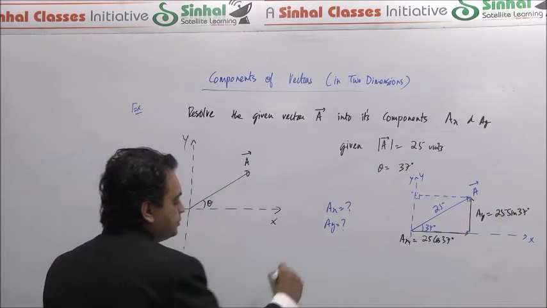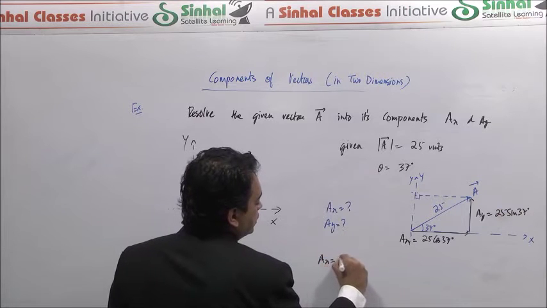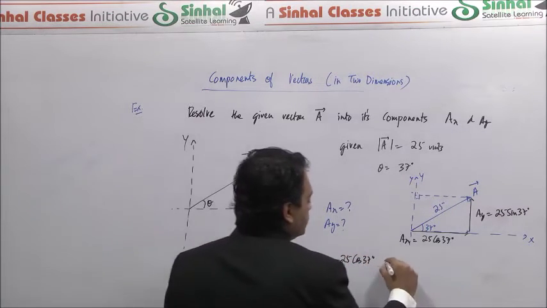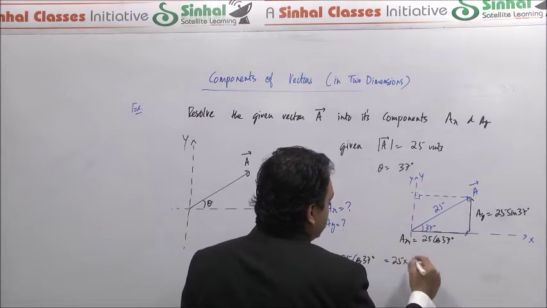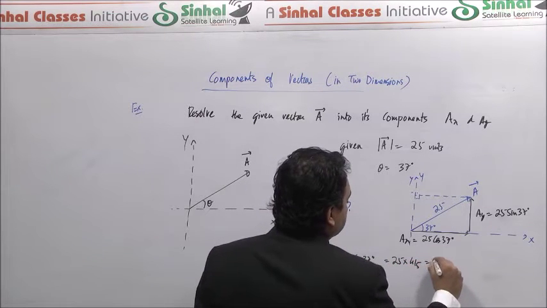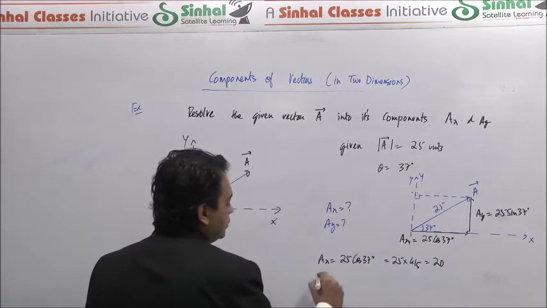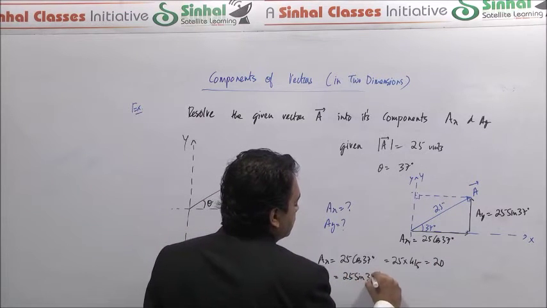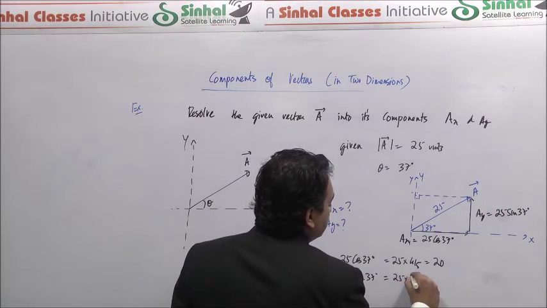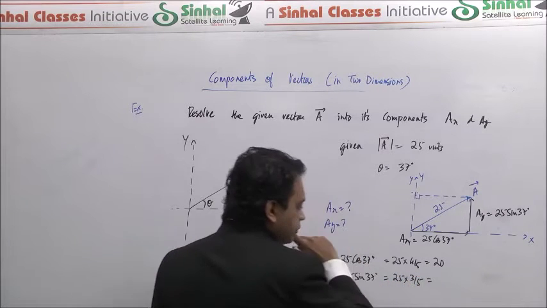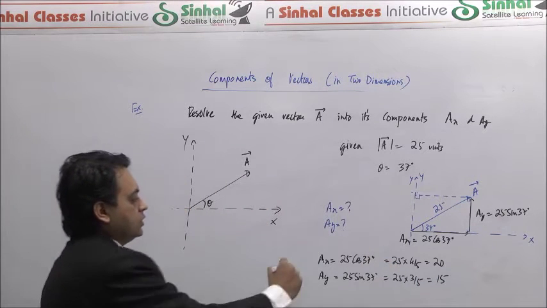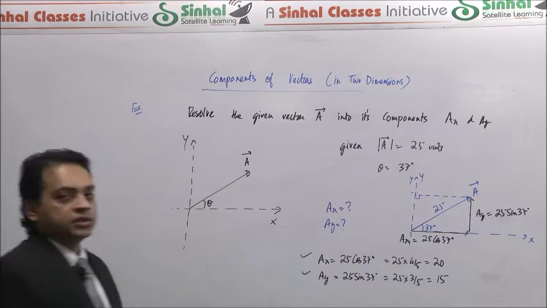So as you can see, the x component is 25 cos 37, which would work out to be 25 multiplied by 4 by 5, so that is 20 units, and the y component would be 25 sin 37, which would work out to be 25 multiplied by 3 by 5, so that would be 15 units. Okay. So that gives us the components which we were looking for in the first place.